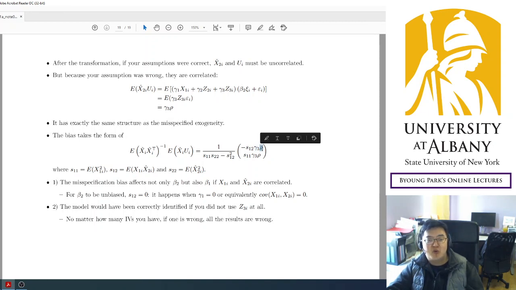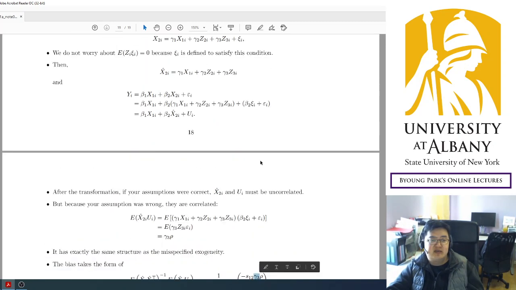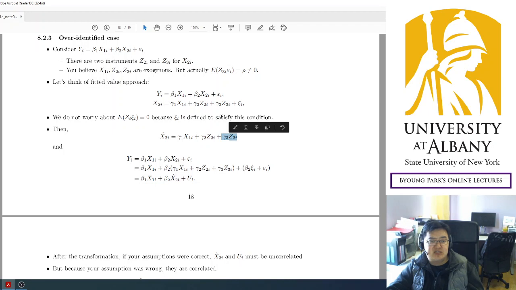So if rho is 0, that means all the instruments satisfy the exogeneity assumption, which is obvious. Then we are not going to have any bias. And gamma 3 is 0. That means gamma 3 is 0, this is 0, this is 0. So if the wrong instrument is uncorrelated with x2, that's nice. Then it does not cause any problem. So it's interesting.